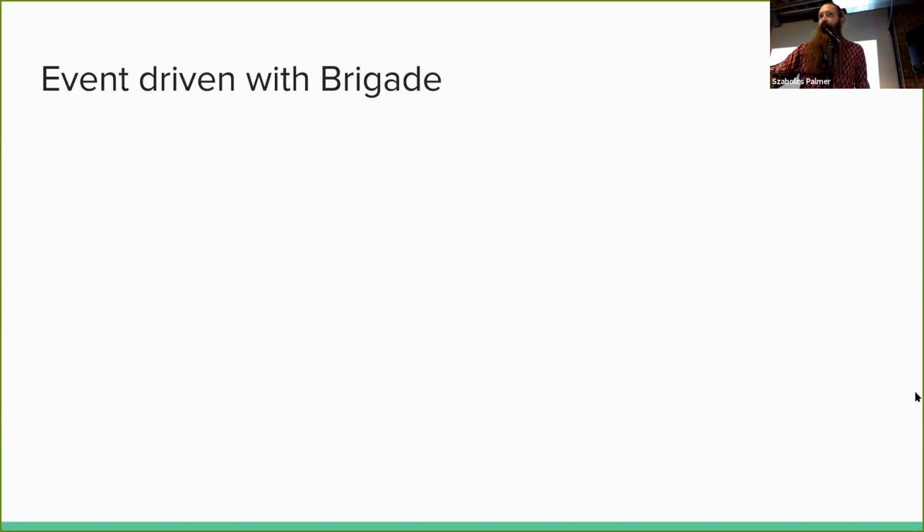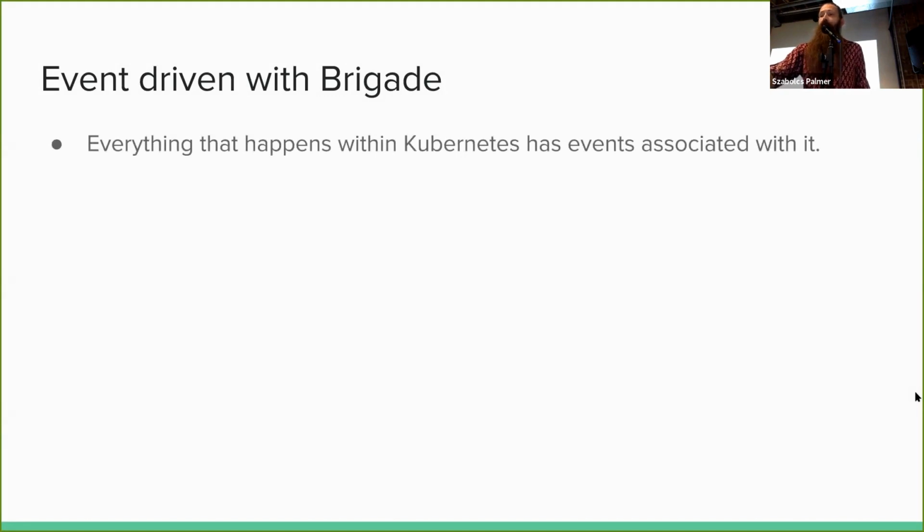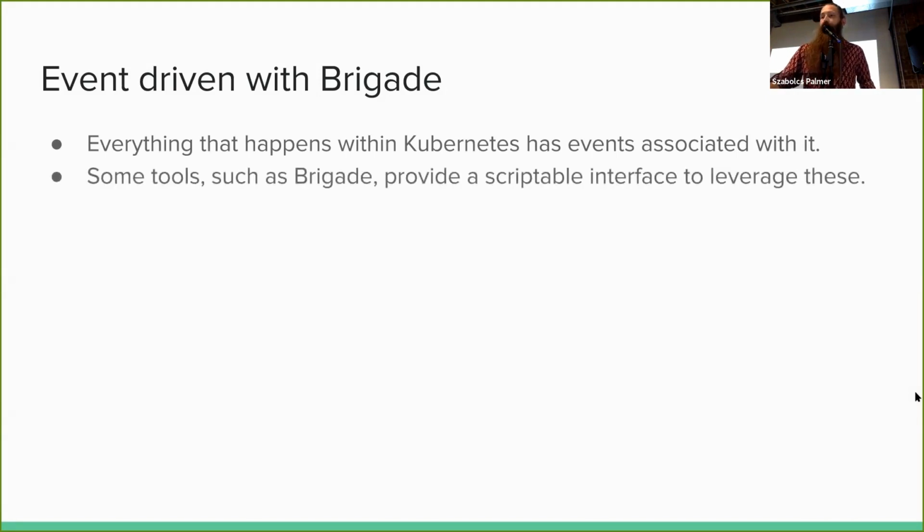One of the other concepts, though, is to have a bit more of an event-driven flow. One of the tools that makes this quite nice is called Brigade. Everything inside of a Kubernetes cluster, when there's changes, when there's state updating, when people are doing things, events are being thrown. Brigade gives a way for you to be able to tap into each of those events and do things or log actions or just whatever you'd like, really.